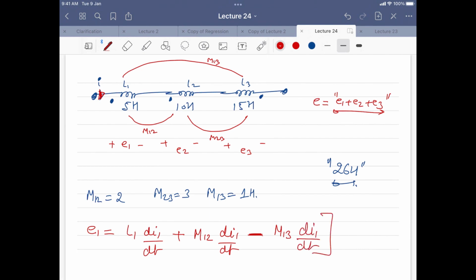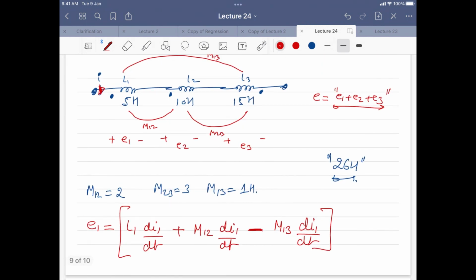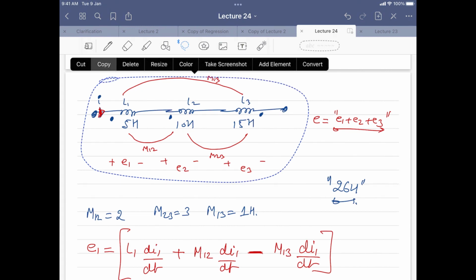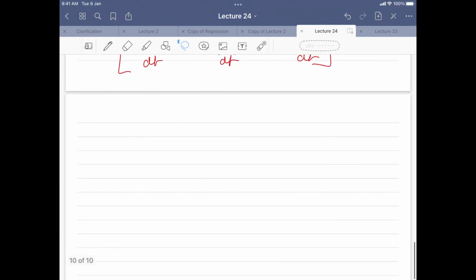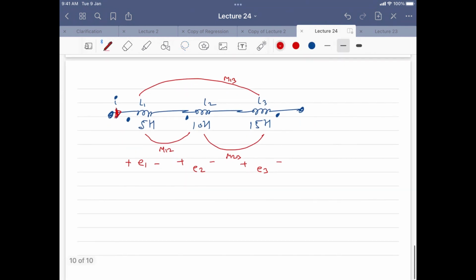So this is the first equation. Now the second equation: E2 equals L2 dI1 by dt plus M12 dI1 by dt.